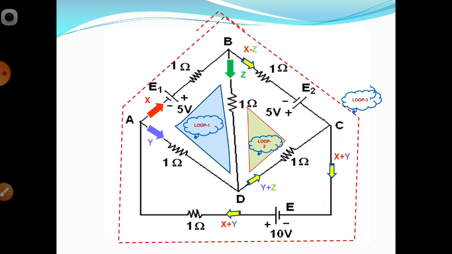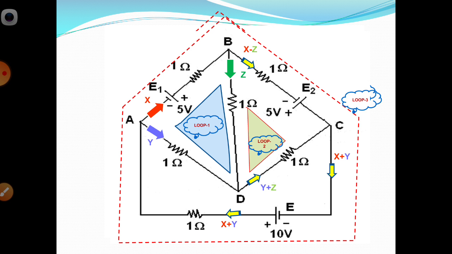Now you can see here. As per our basic knowledge, we are going to identify this and convert it as per our requirement. From the 10 volt source, plus and minus, the current is flowing from the positive terminal.